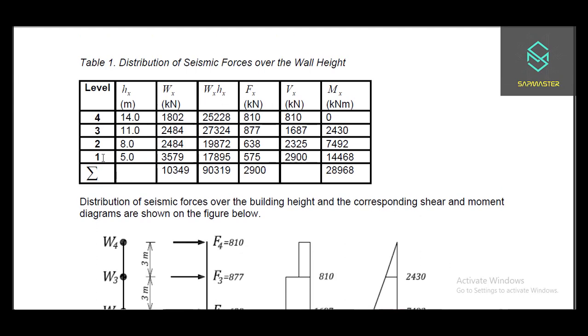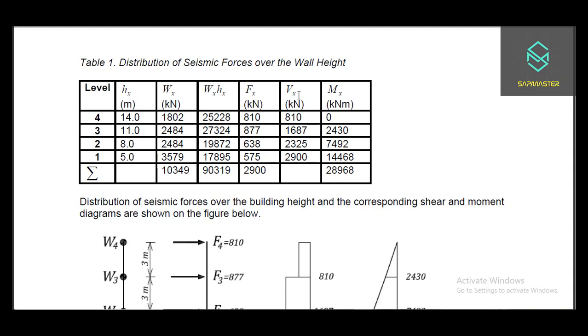So the height is 5, 8, 11, and 14, and the Wx is calculated as before. So by simply multiplying these two, we will reach this amount. Multiplying these two, we will reach this amount. And you can simply calculate Fx, right?